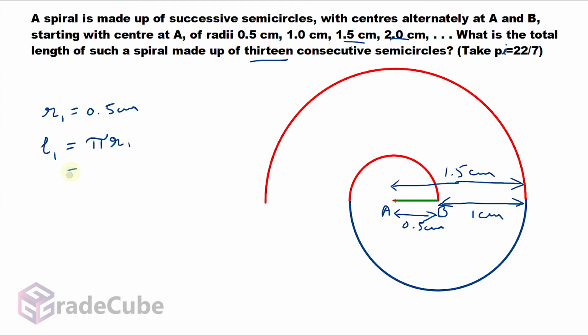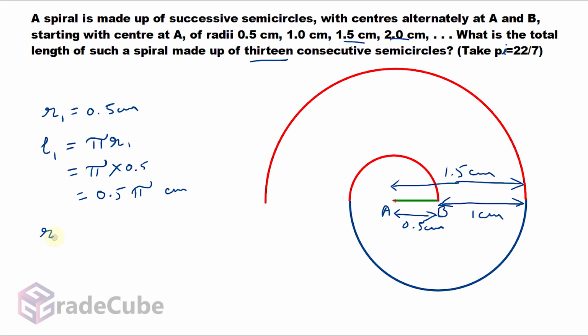It is pi multiplied by 0.5 or 0.5 pi. We are not using the value of pi here. Calculation of pi will be done at the end of the question.